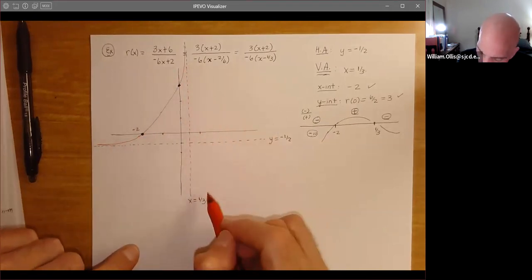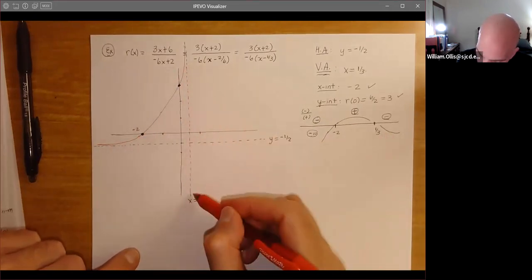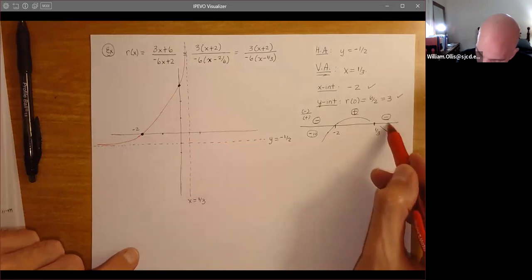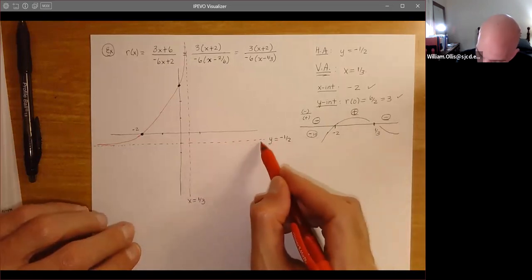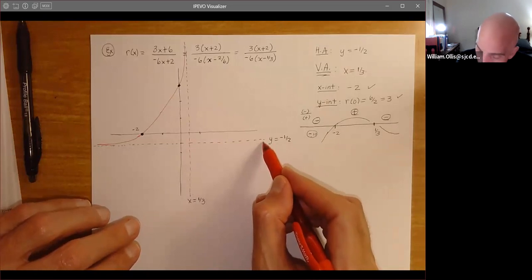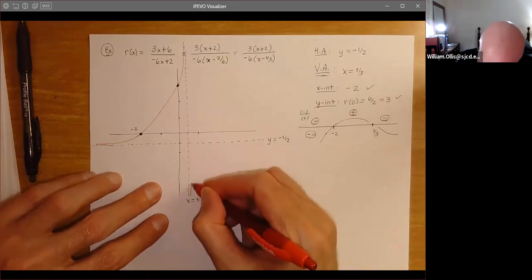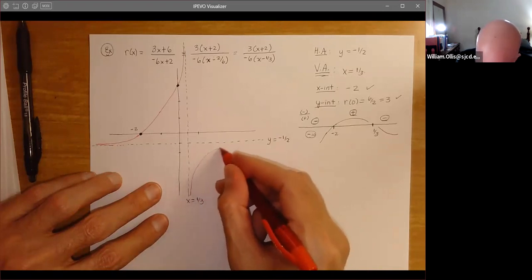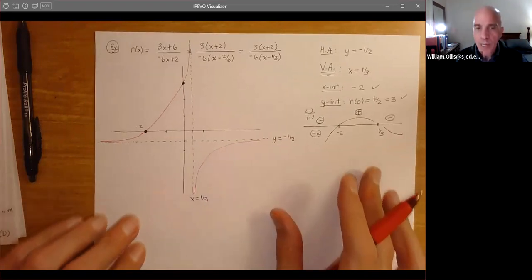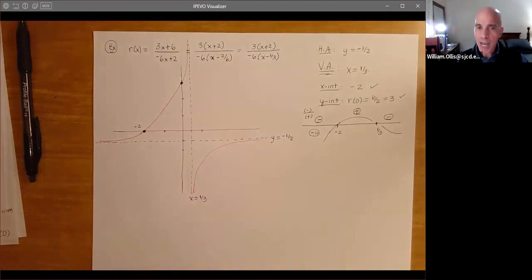And now over here, we have to hug, again, from the negative here, -infinity, but then we don't cross. We have to hug the line here, and we don't cross the horizontal asymptote. So we get something like this. So again, when we think about these graphs, and of course you're thinking, well, that looks 1-to-1. Well, it is a 1-to-1 function, and I've shown you how to prove that.